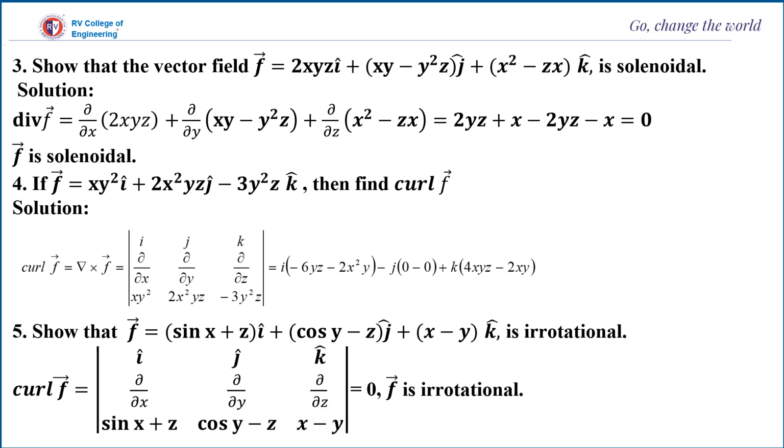So let us take curl f is equal to the determinant expansion of i j k, dou by dou x, dou by dou y, dou by dou z, i component that is sin x plus z, j component that is cos y minus z, k component that is x minus y. On expanding this determinant, we get curl f equal to 0. So we can say f is irrotational.